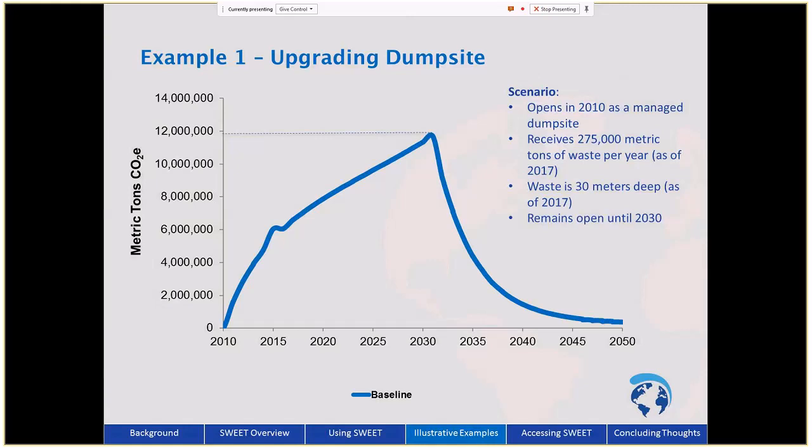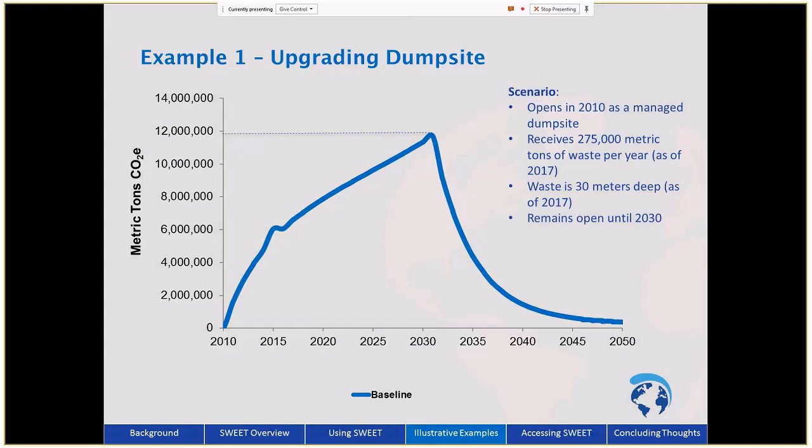Emissions for dump sites and landfills don't simply stop when you stop using the site. The organic waste that's deposited there will continue to generate emissions at a gradually reducing rate over time.